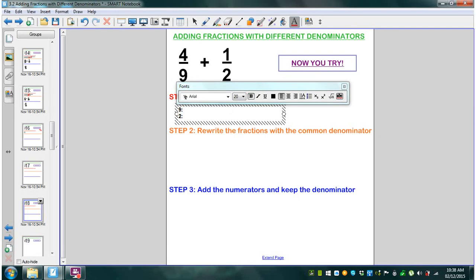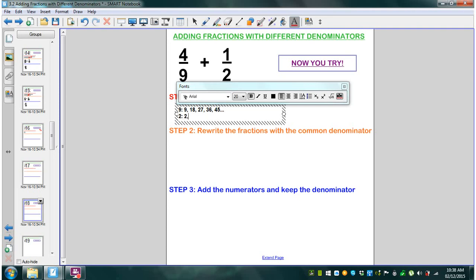Okay, so multiples of 9 are 9 times 1 is 9, 9 times 2 is 18, 9 times 3 is 27, 9 times 4 is 36, 9 times 5 is 45, and so on.